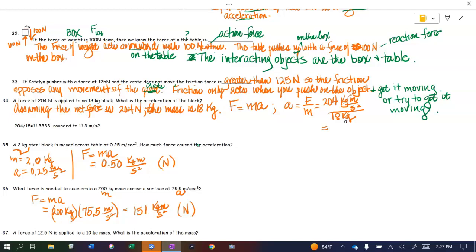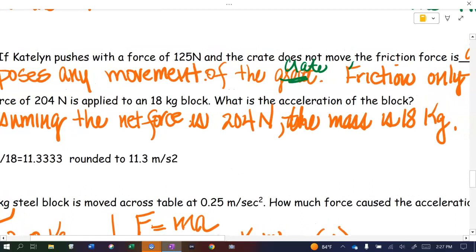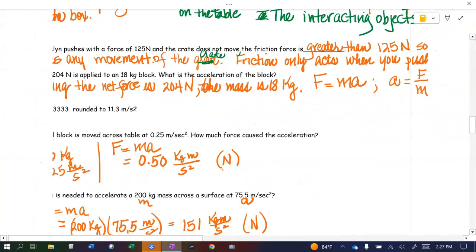Now, the next one says a force of 204 newtons is applied to an 18 kilogram block. What's the acceleration? Well, assuming that 204 newtons is the net force, so if all the forces acting on this block, the net force is 204 newtons, and the mass is 18 kilograms.